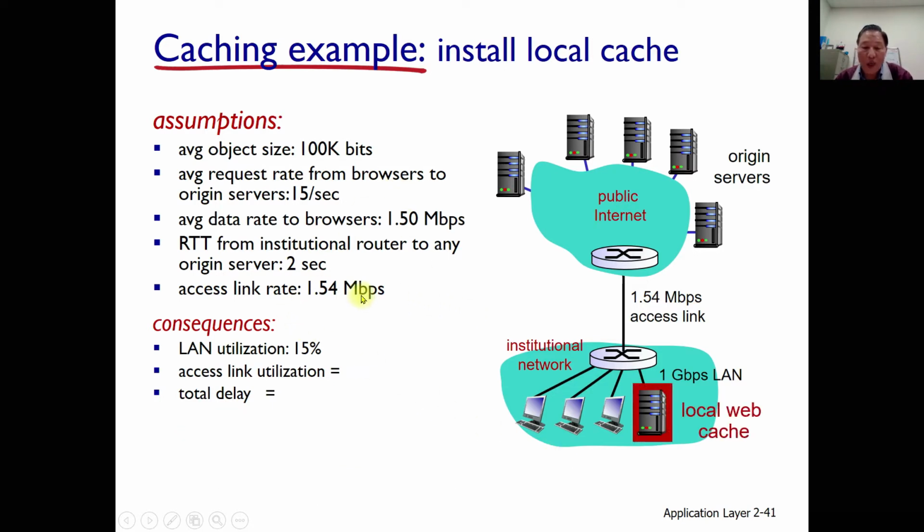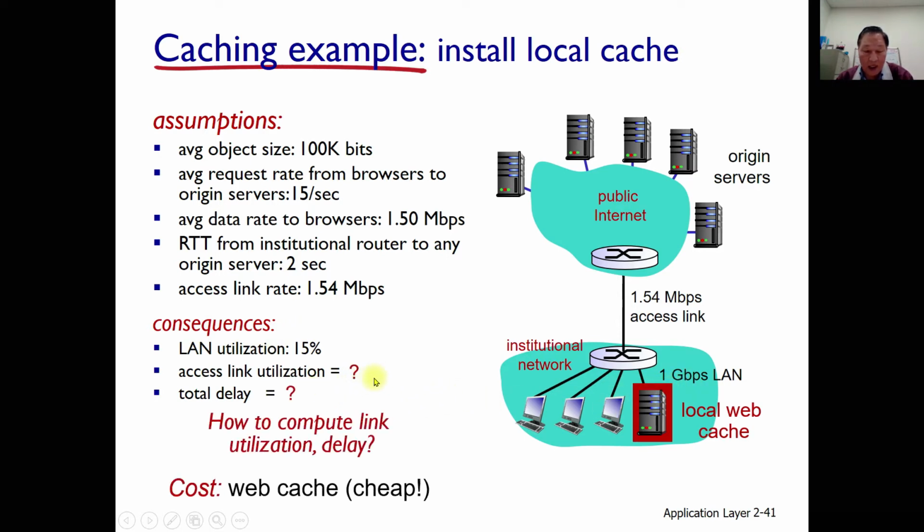Thus, another way we should consider, let's assume almost the same, and consequence LAN utilization 15%, and let's assume simply we are running conceptually. Thus, instead of detailed analysis here, we can get some general and brief idea here.